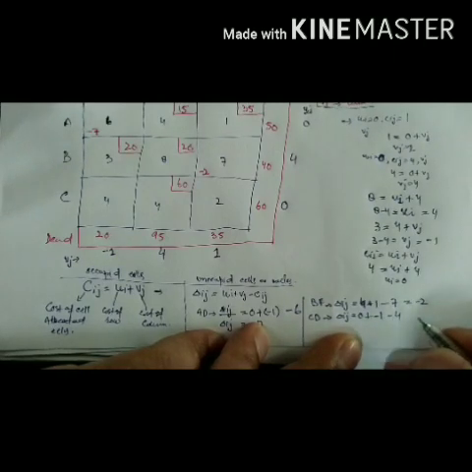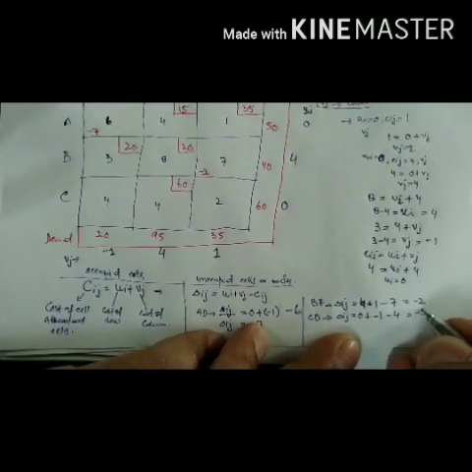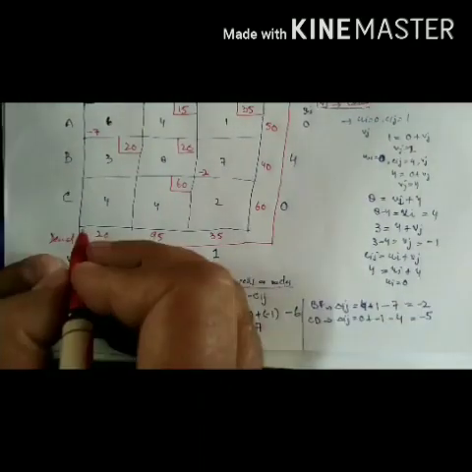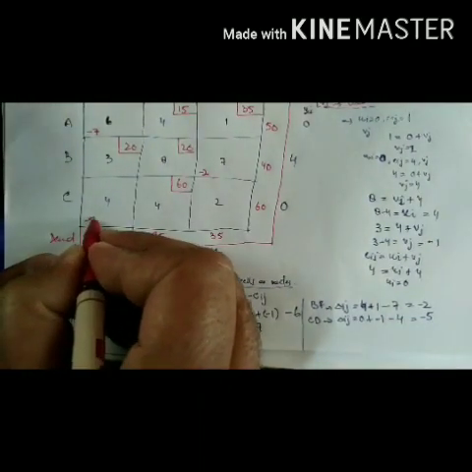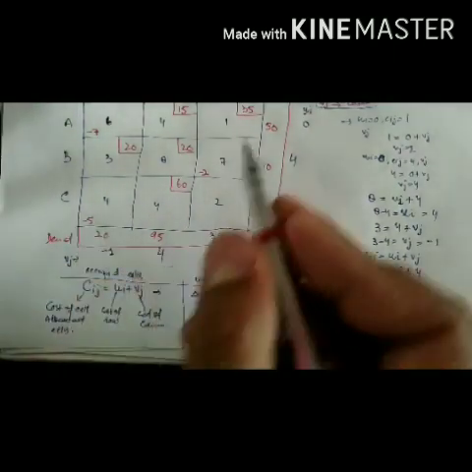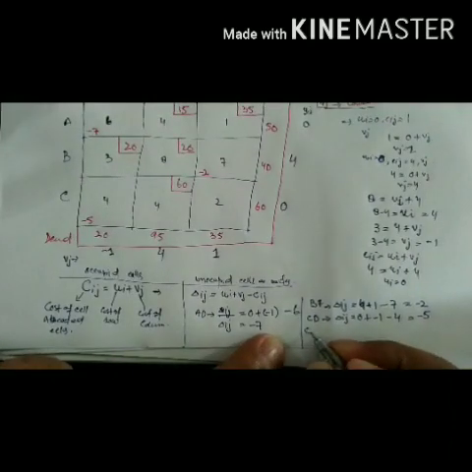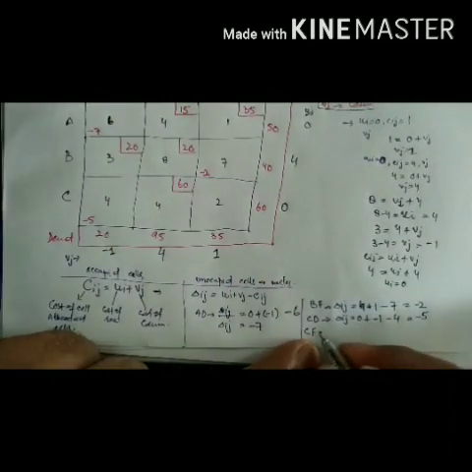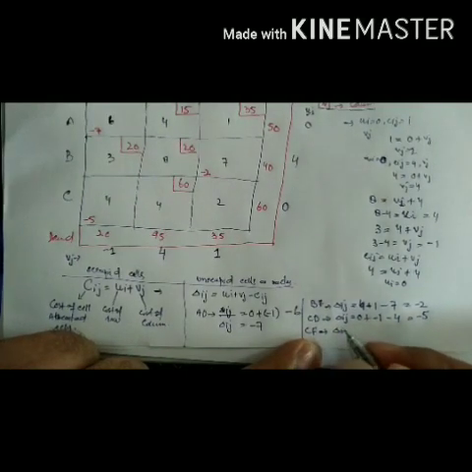Minus 1 minus 4 will be equal to minus 5. That means this route has got minus 5 as its del Ij. Now I have only one route left, that is CF.